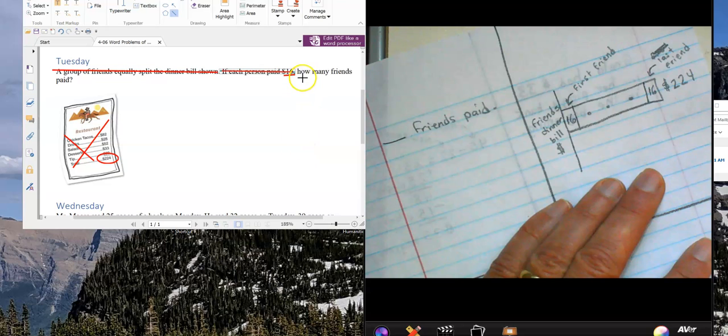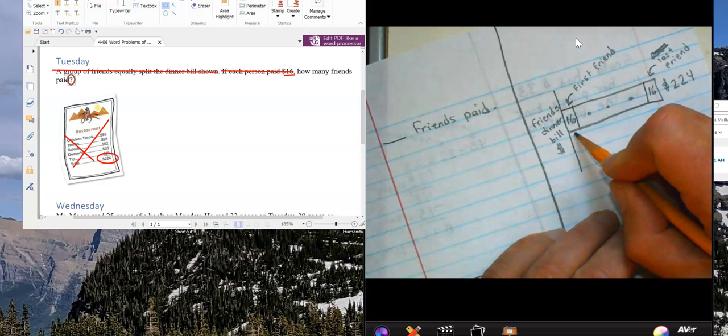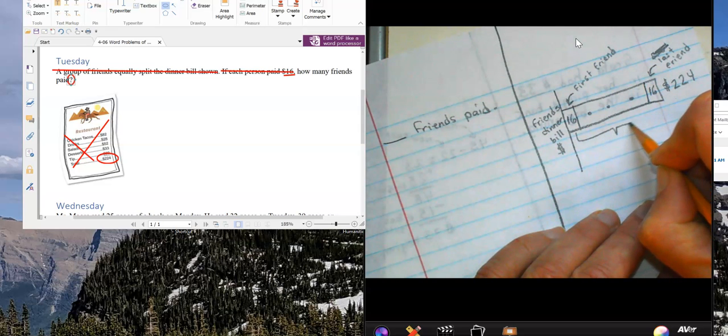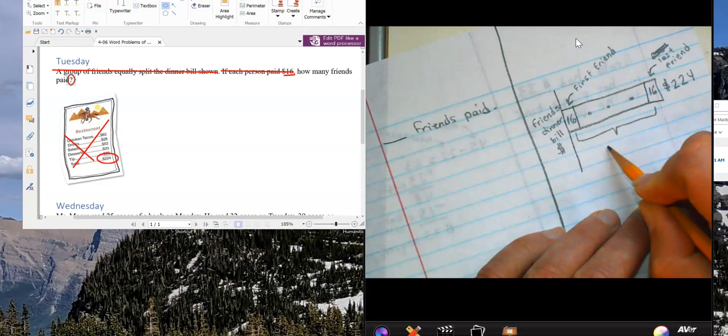It says, how many friends paid? And as you notice, there is a question mark at the very end. So I'm going to put that question mark somewhere in the word problem model. We have a first friend and a last friend. To show that the total number of friends is what I'm looking for and I don't know it, I'm going to put a bracket to connect my first and last friend and put the question mark, total friends.